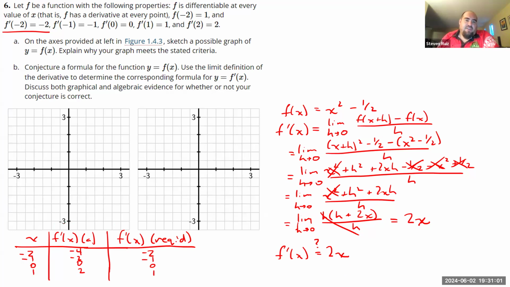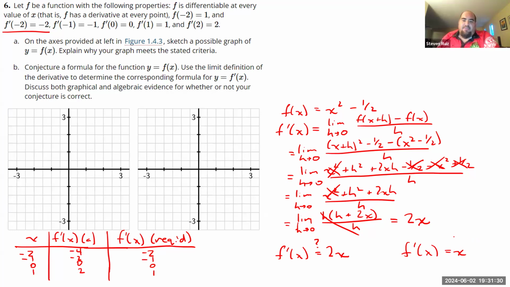So what's the difference between what we conjectured and what we should have come up with? Well, it looks like the derivative is actually just simply x. Let's think about it this way. We said f prime of x equals 2x. What we really should have gotten is f prime of x equals x. It might seem like we were off by quite a bit, but what's more valuable here is that we're relating the derivative of f to what we know about f itself.